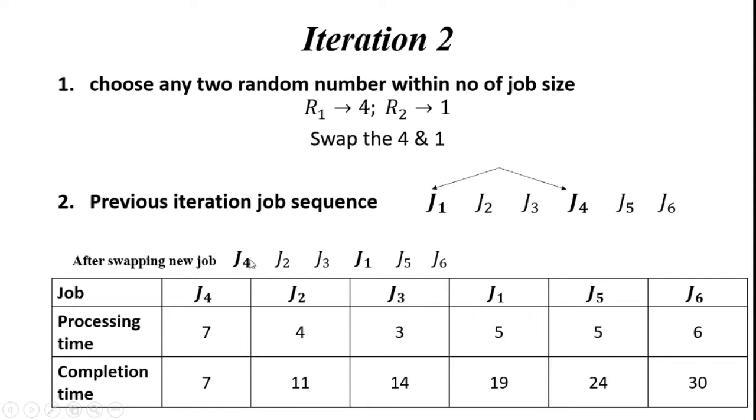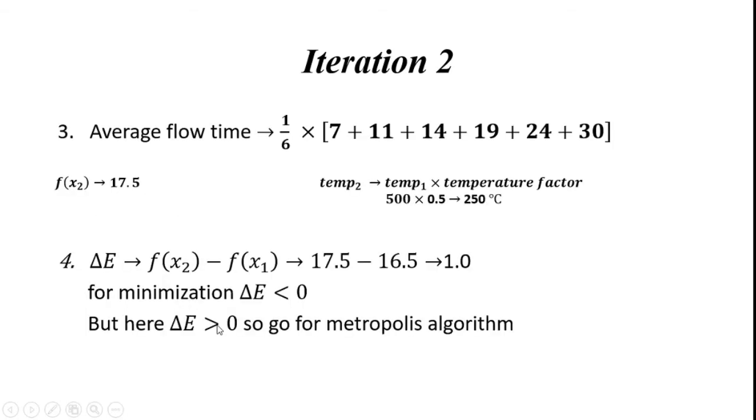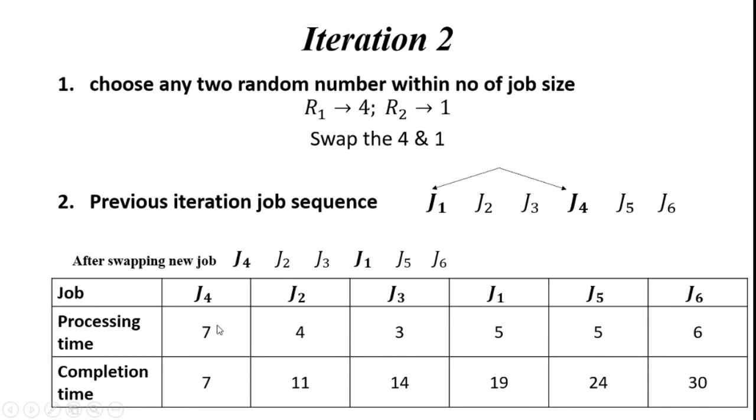The first one is J4, then J2, J3, and the fourth one is swapped between 1 and 4, so I get J1, J5, J6. So the new job sequence is J4, J2, J3, J1, J5, J6. What is the processing time for J4?